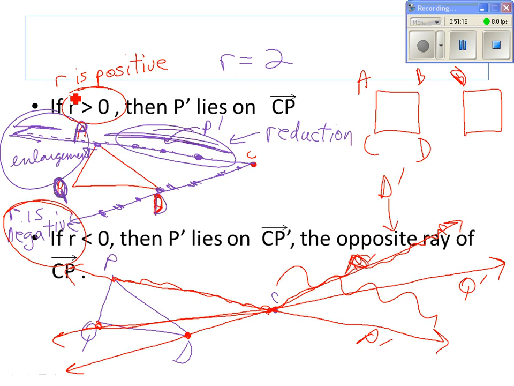When you're making something smaller, it's going to end up in here, if your scale factor, your R, is positive. Our shape might end up looking something like this. It's going to end up on those three rays right there. It might end up looking something like this.